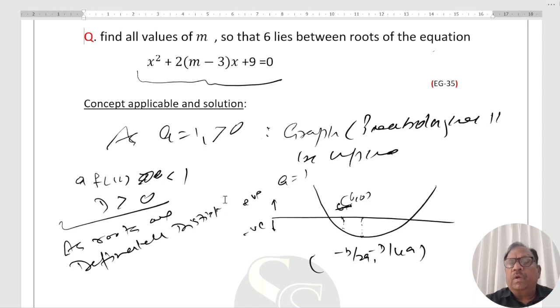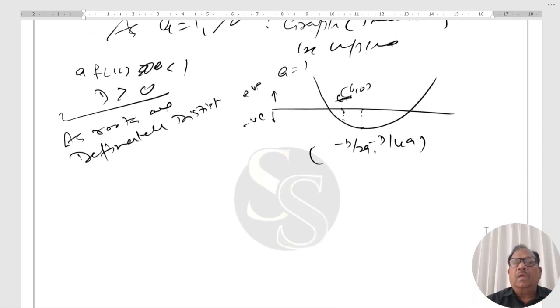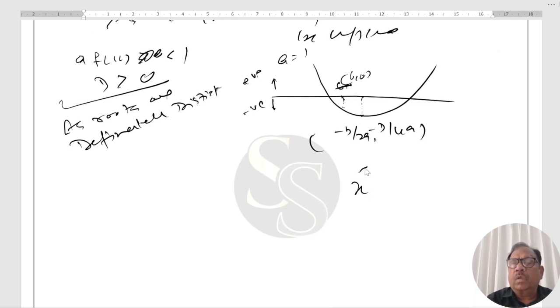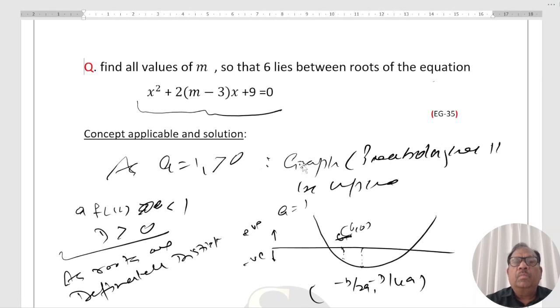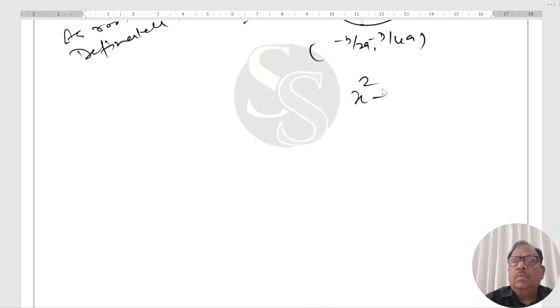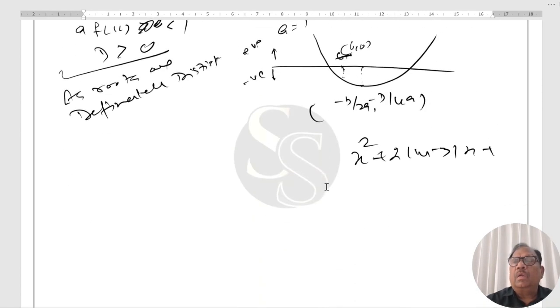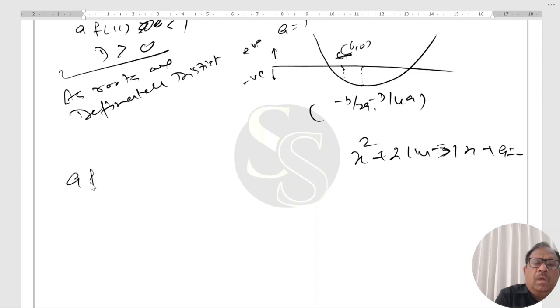Therefore, we will find the two conditions now. X square plus 2m minus 3 x plus 9. This is 3. AFK should be less than 0. 1 into k equal to 6.